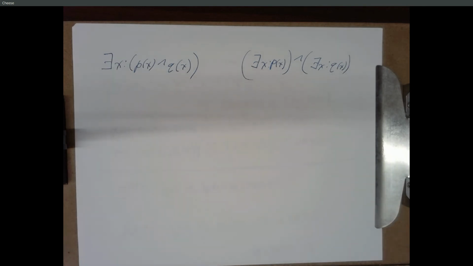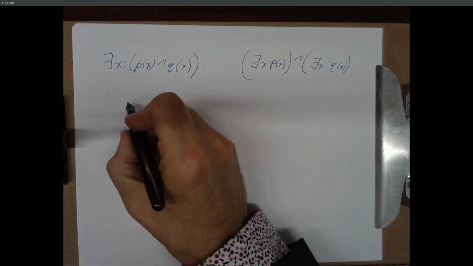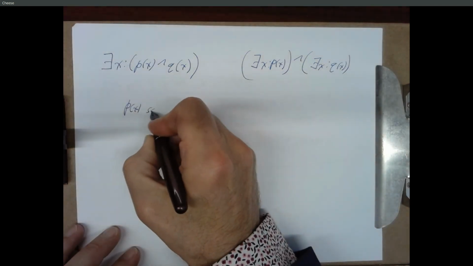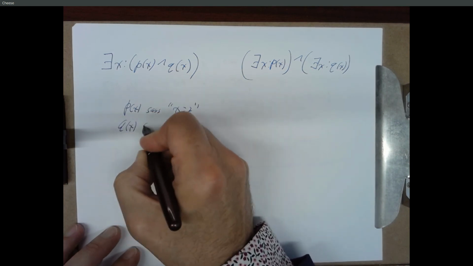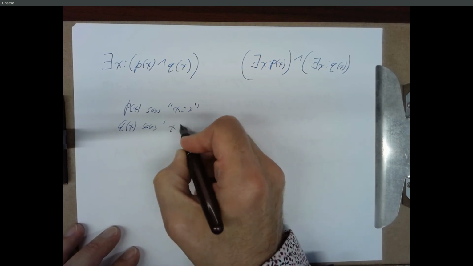Got an example? You could just say P of X is the proposition X is equal to 2, and then Q of X is the proposition that X is equal to 3. So then both have at least one X value where they're true, but not at the same time, or with the same X value.